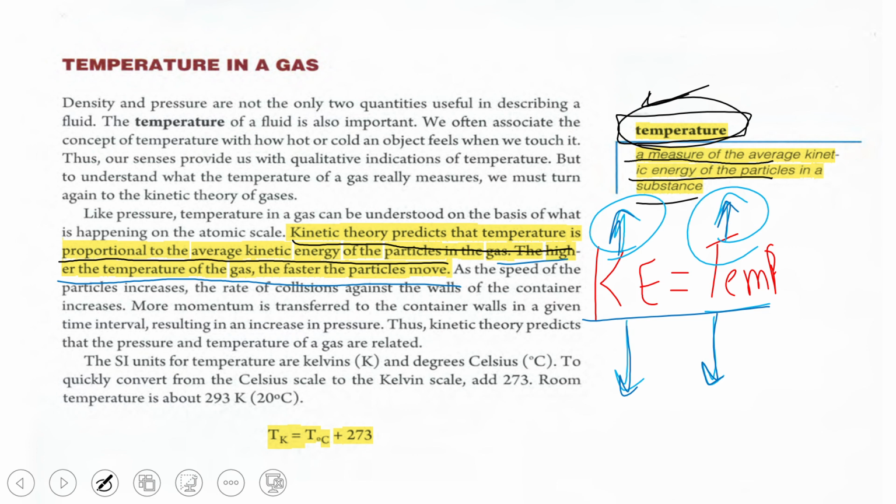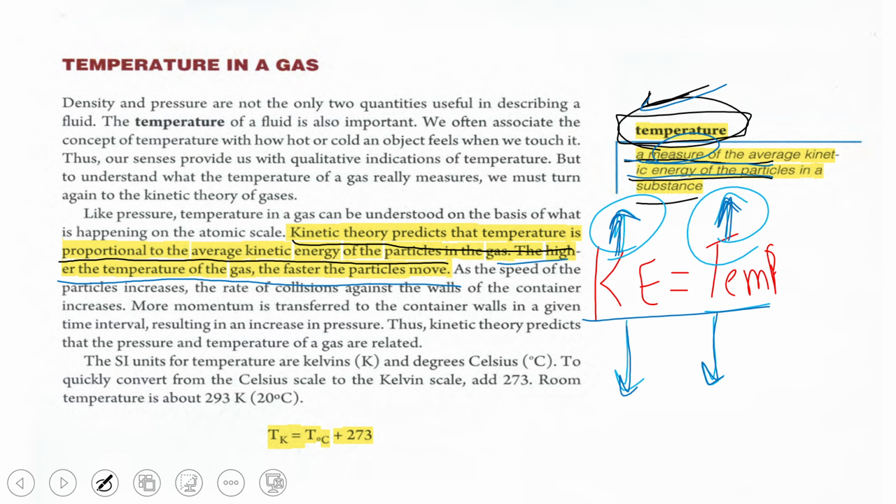That's why the definition of temperature is a measure of the average kinetic energy of the particles. According to the temperature we can measure the average kinetic energy, and if we have more temperature we get more kinetic energy of the particles.